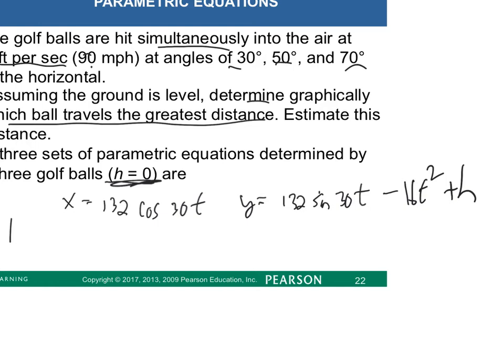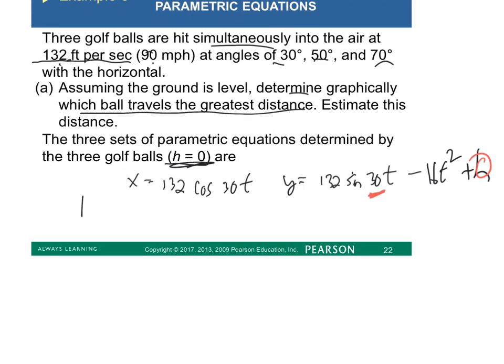The only thing that changes for each of these is the angle. That's it. Everything stays the same. Oh, the height. What was my height? Ground level 0, so I don't even need that. That was my formula though.